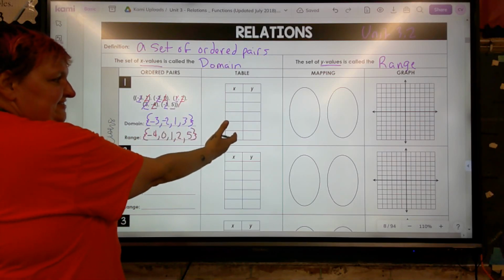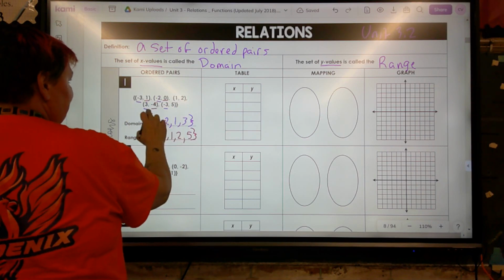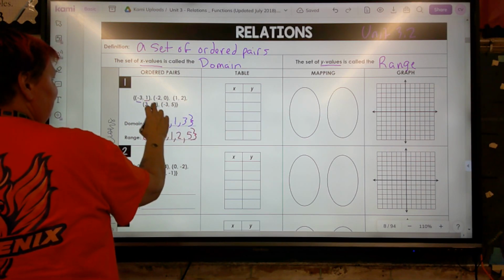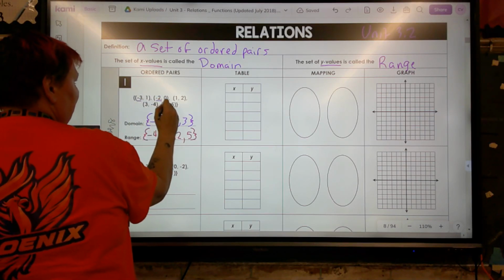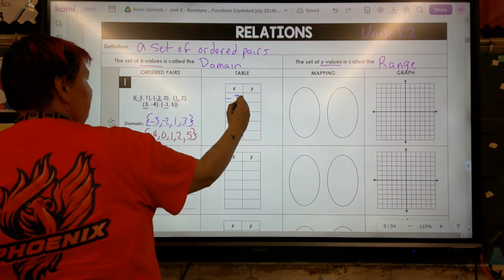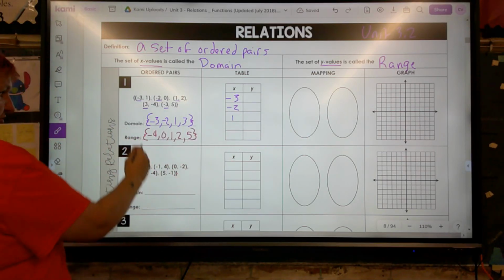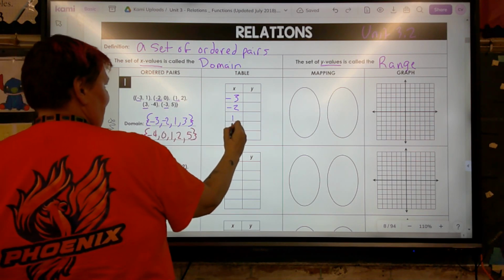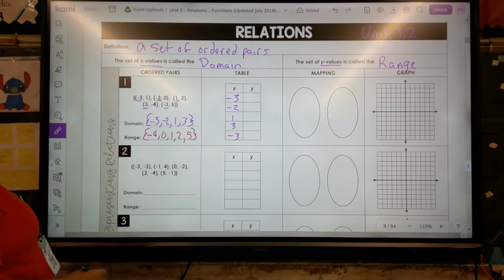Now, if they want it in a table, you can go back to this information right here and use it again. X values. This time you're going to use all of them in the order they give them to you. It doesn't matter. You can put them in order again. It doesn't matter. I just put them in the order they gave them to me.